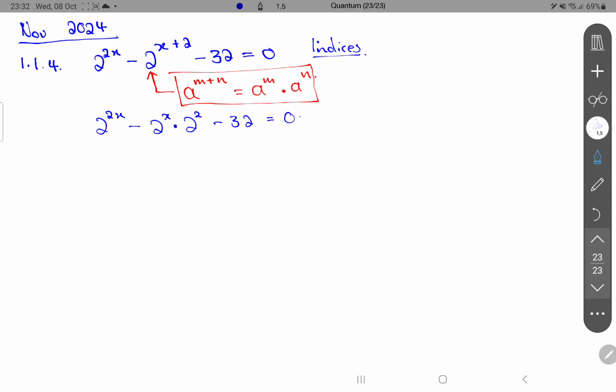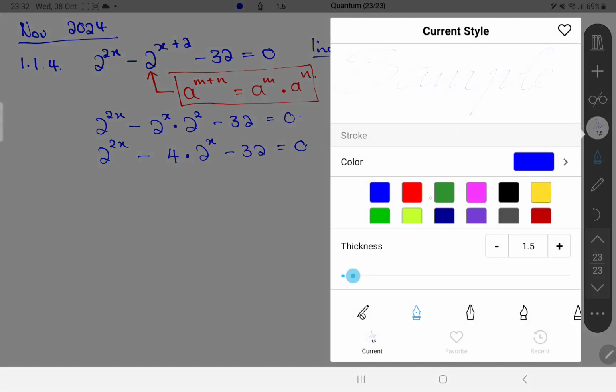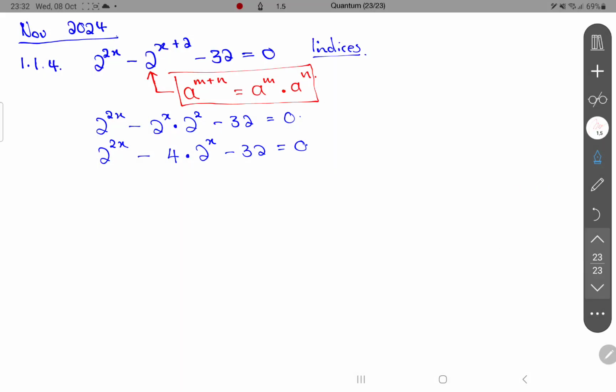Then we continue: 2^(2x) minus 4 times 2^x minus 32 is equal to 0. But there is a situation you should know again.